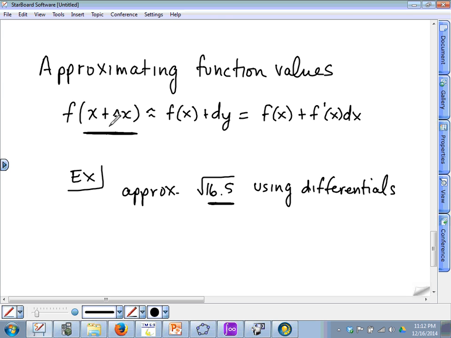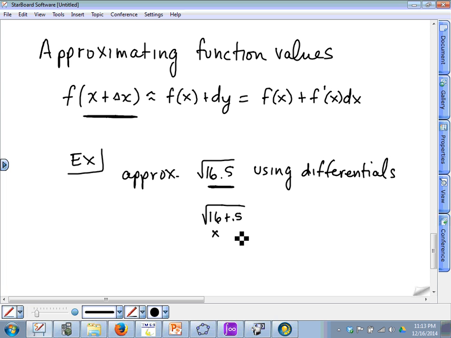That's what it means by choosing values of x and delta x that make your calculations easier. So we can think about this as the square root of 16 plus 0.5. So then this here would be like x, and this would be delta x.